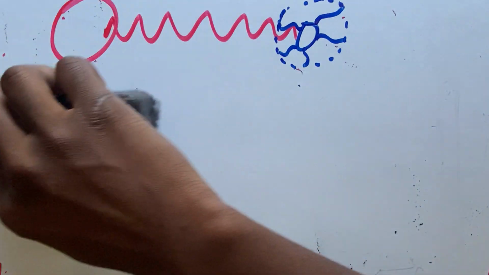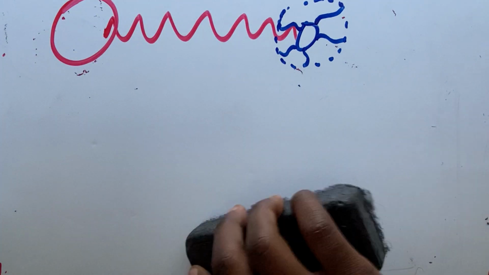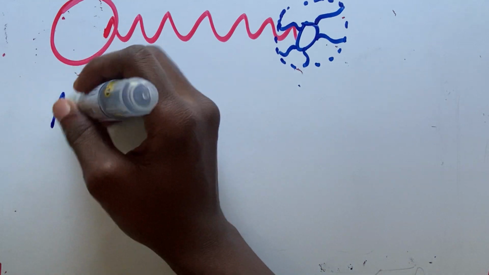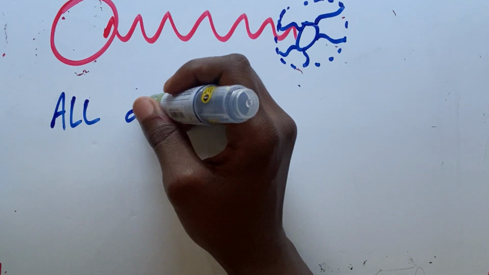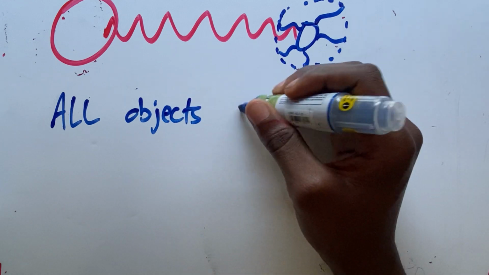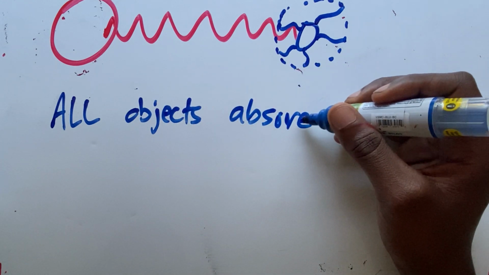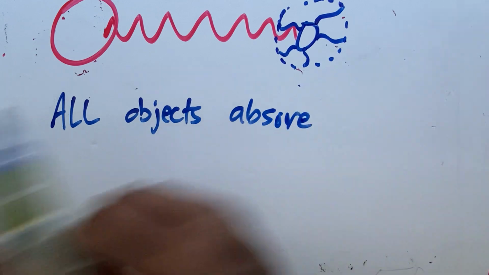So a moment ago, I just said all objects radiate, right? So since all objects radiate, all objects also absorb. So all objects absorb and radiate. How do you spell absorb?